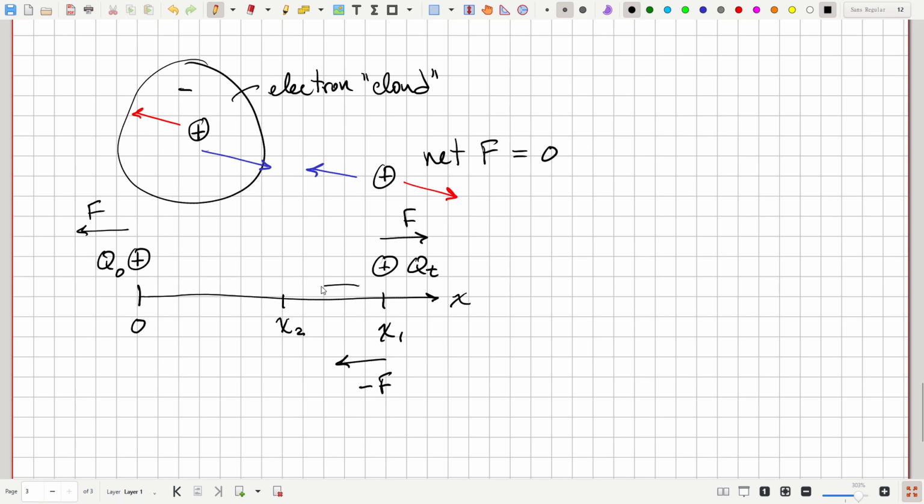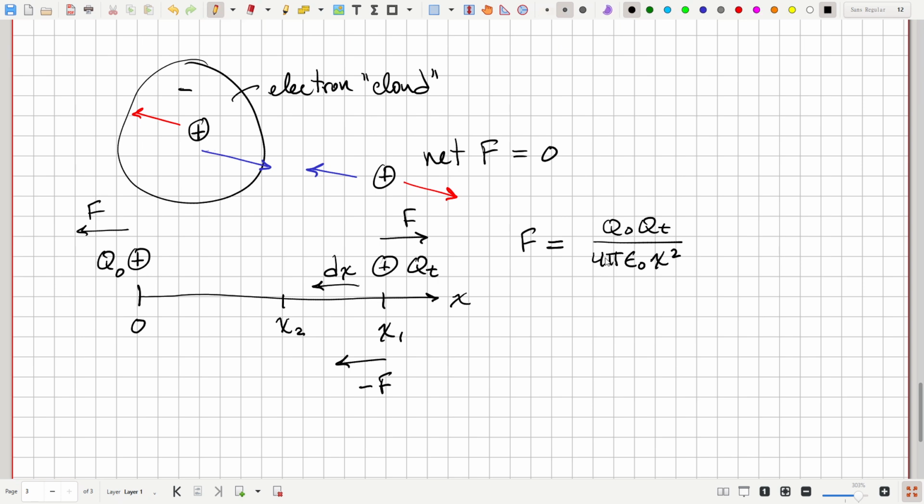And then we're going to move, integrating a bunch of dx's, little differential movements to get from x1 to x2. Okay, and the force of repulsion is the product of the charges Q0 and Q test over this constant 4 pi epsilon 0 times the square of the distance. And the way we've drawn it with Q0 at the origin, the distance is just whatever the x coordinate is. So this would be the force.